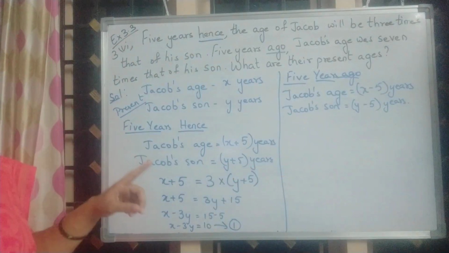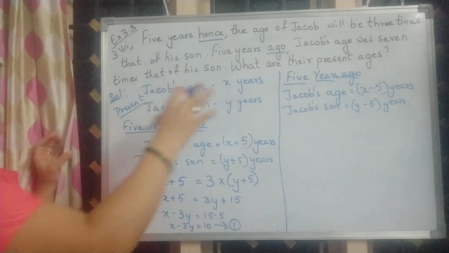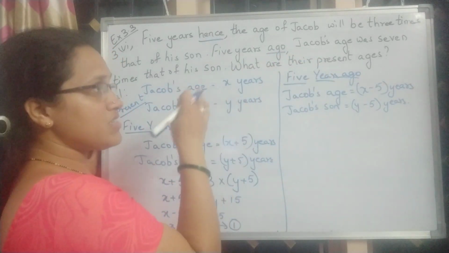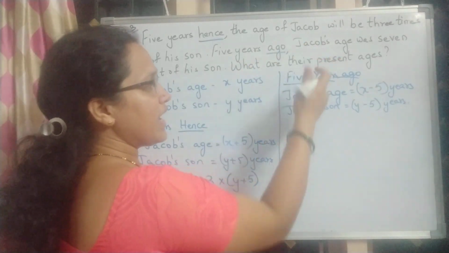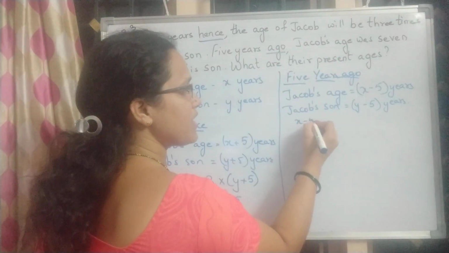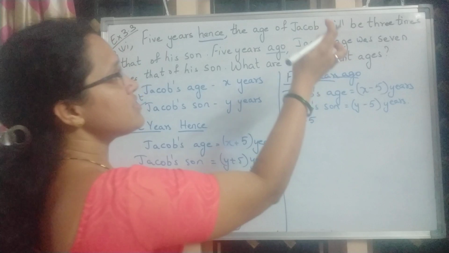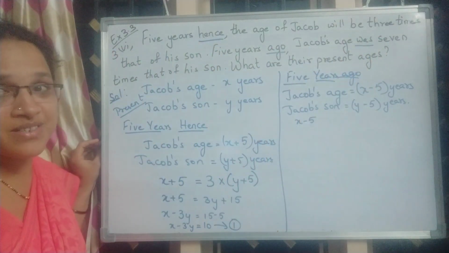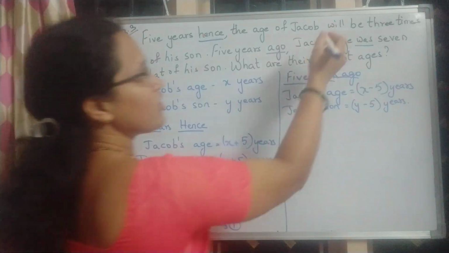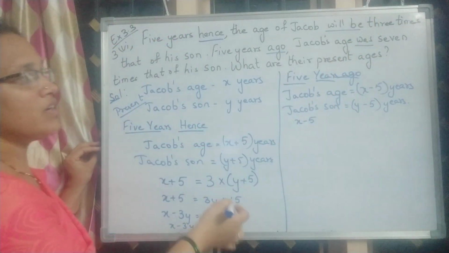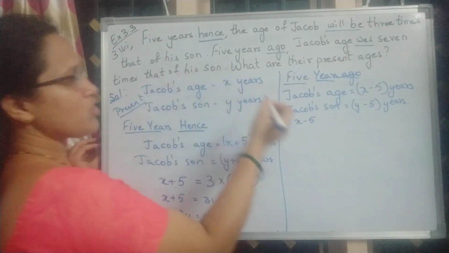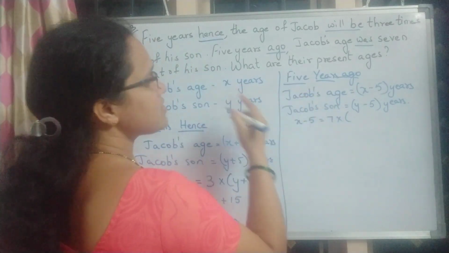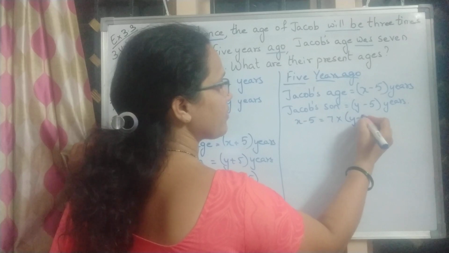And they told Jacob's age, 5 years ago, was 7 times that of his son. Because 'was' is given, you can understand that it's past tense. Previously done. Here also see, present tense. So 7 times that of his son.